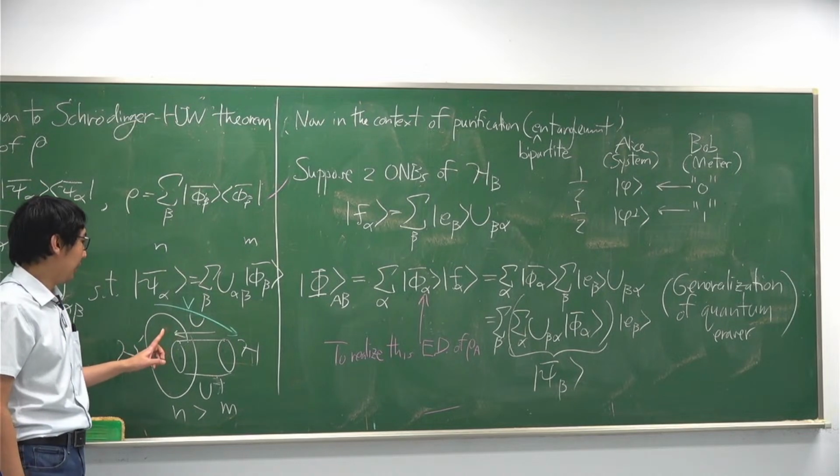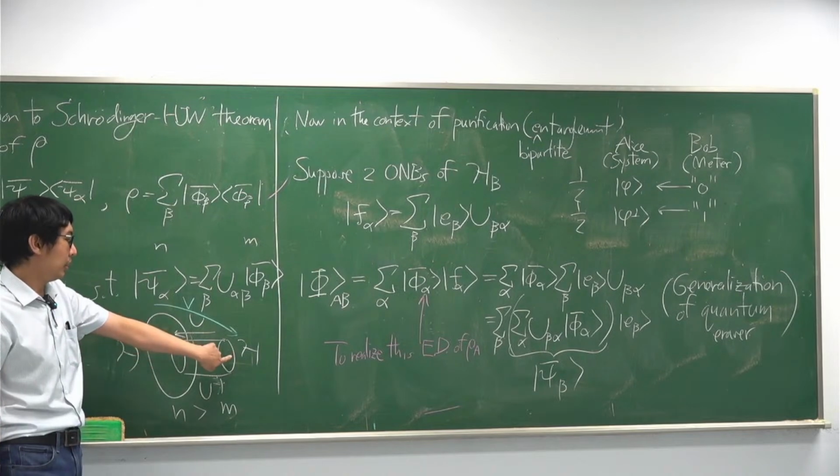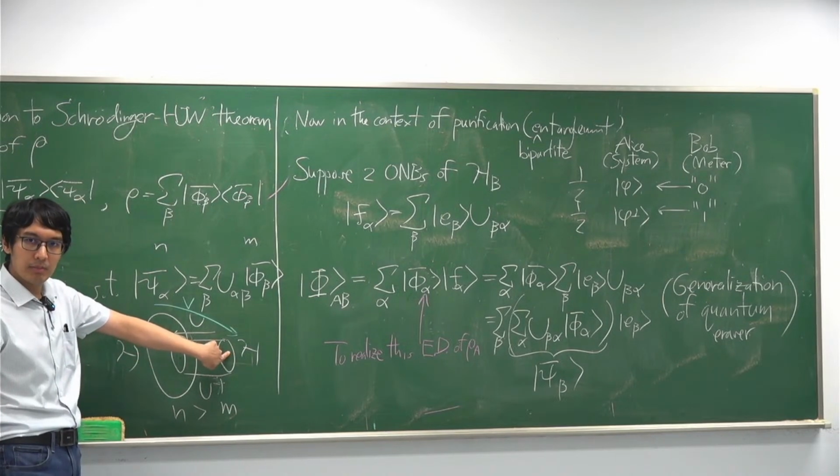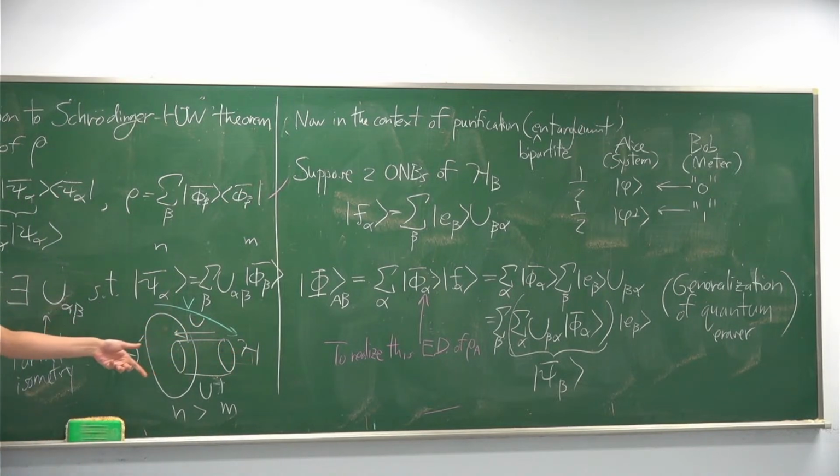Because to map from a larger Hilbert space to a smaller Hilbert space, some vector will necessarily go to the zero vector. That's a kernel, and a unitary doesn't have a kernel, because it cannot have eigenvalue 0. The eigenvalue can only be a phase.